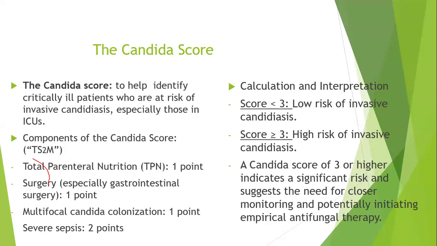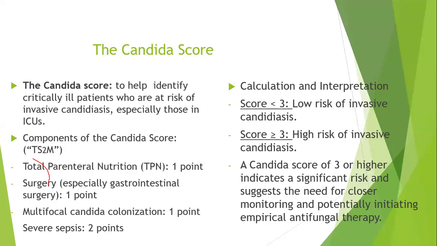If your patient is on total parenteral nutrition, it gets a score of 1. If the patient had any surgery, especially surgeries in the GIT, you get 1. If there's multifocal fungal colonization, maybe in the mouth or in the urogenital system, the patient has 1.